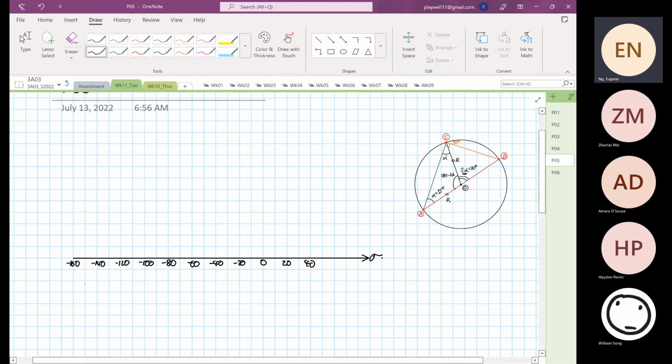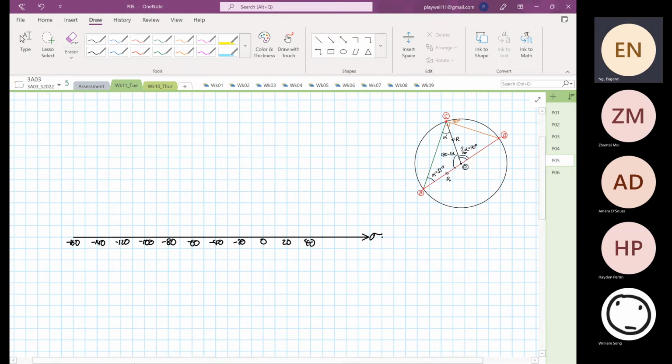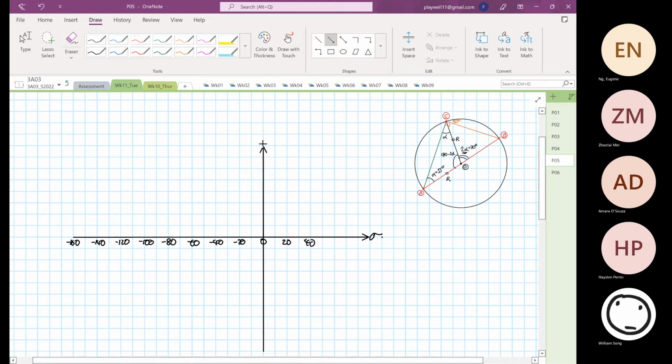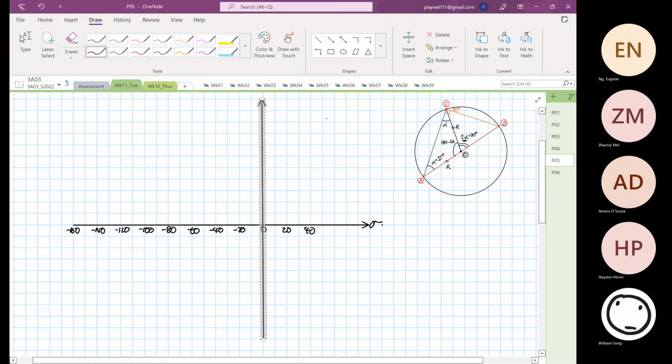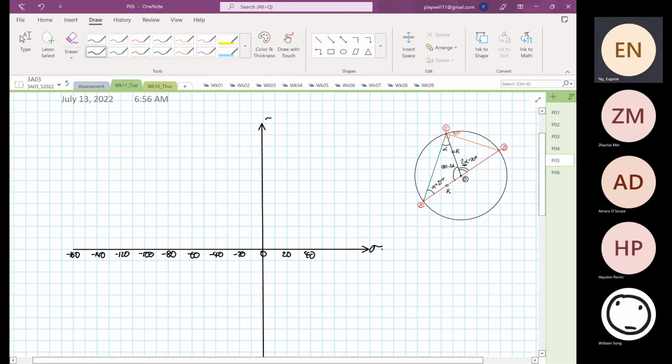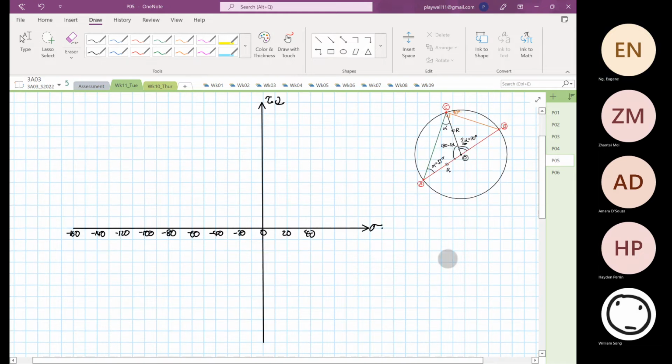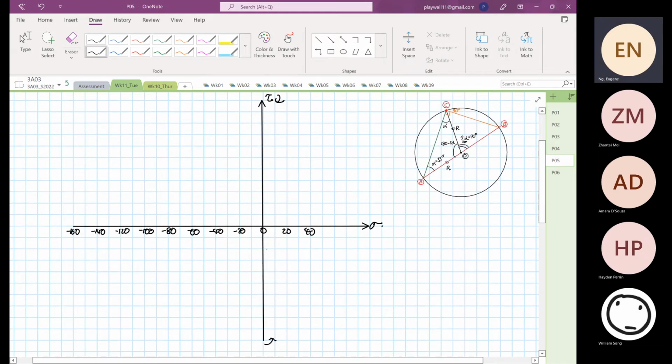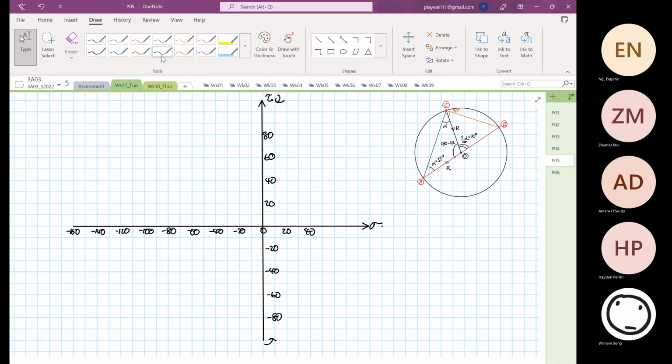Then our y-axis is our shearing stress, clockwise and anti-clockwise, minus 20, 40, 60, 80, and 20, 40, 60, 80. Then I'm going to draw our boundaries.